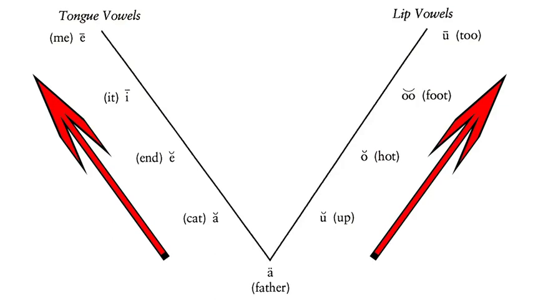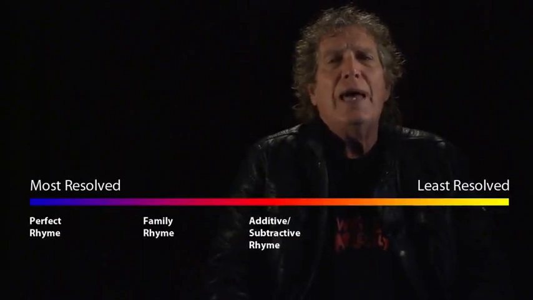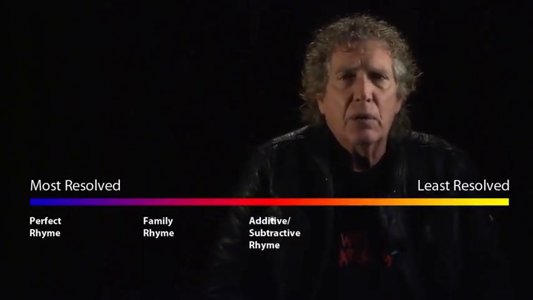The W sound is the extreme of the lip vowel leg of the vowel triangle. So those consonant sounds don't figure into family rhyme, but they certainly, at least the L and the R, will figure into what we're doing now, which is called additive and subtractive rhymes.